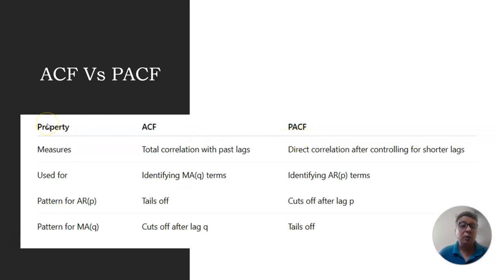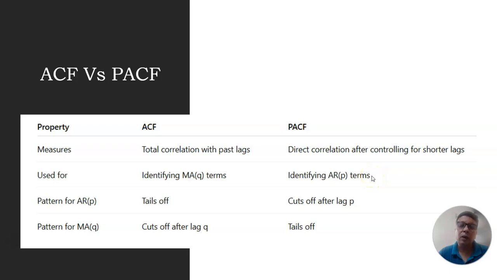So this is the comparison between ACF and PACF. ACF measures total correlation with past lags. PACF measures direct correlation after controlling for the shorter lags. ACF is used for identifying moving average q terms. The lag at which the ACF is maximum is used to model the moving average term in ARIMA, and PACF helps in identifying AR p terms.